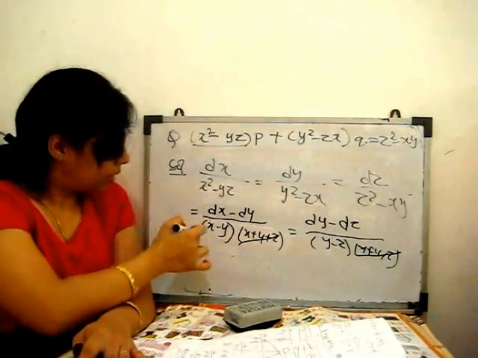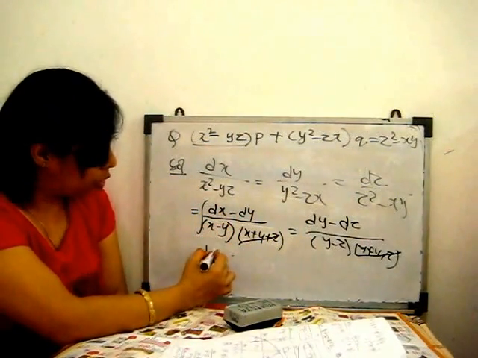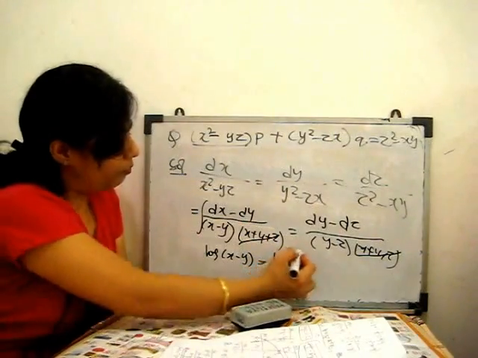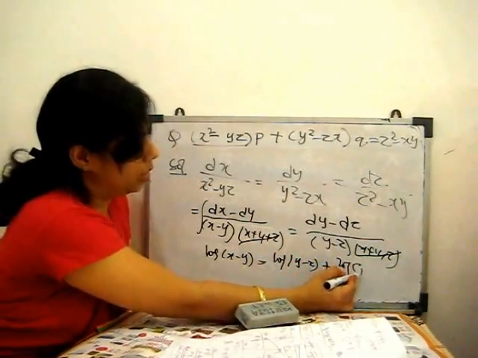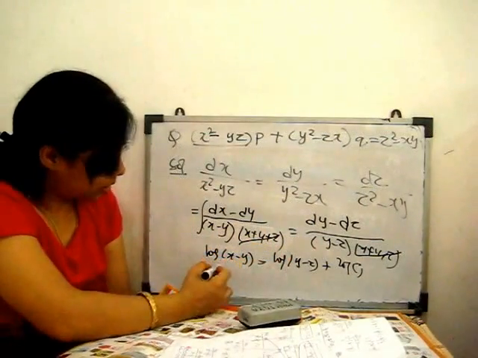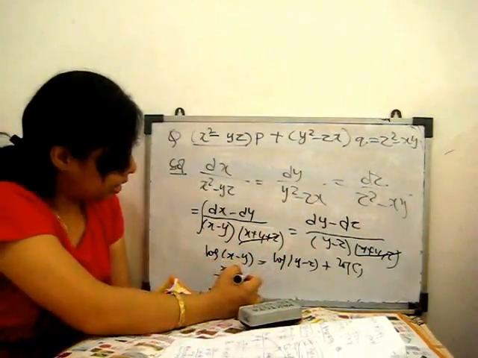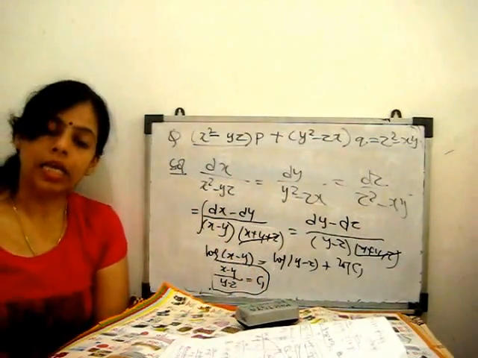So see, we can integrate it. What is the integration? Log of x minus y is equal to log of y minus z plus log of c1. So x minus y upon y minus z is equal to c1. Our one constant is coming.